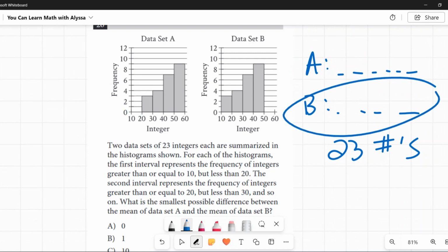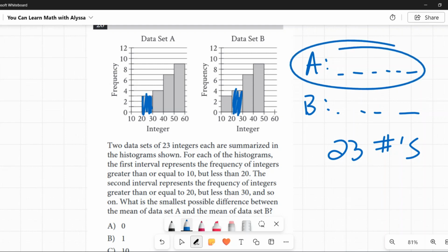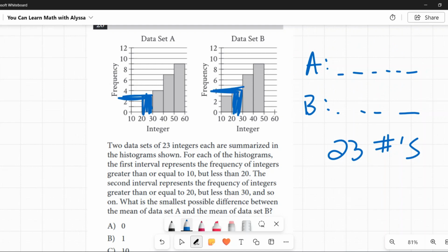But for B, there are 3 numbers between 10 and 19. Then for the next one, between 20 and 29, in data set A there are 3 of those, and in data set B there are 4 of those. And they just kept going.